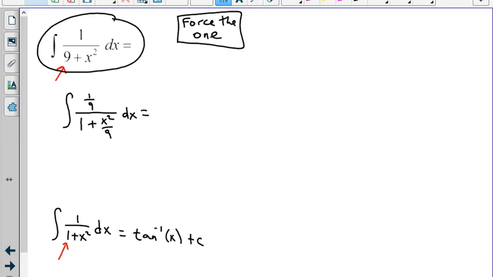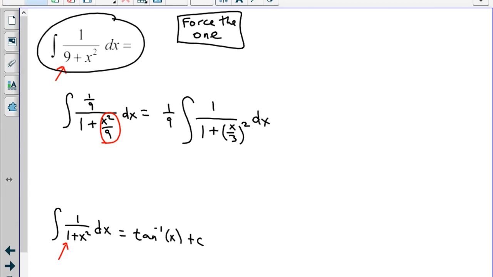Now I can rewrite this, and I'll move the 1/9 that's in the numerator to the outside. So I have 1 over 1 plus x over 3 squared dx. And now that I have that, I can make a u substitution and move along from there.